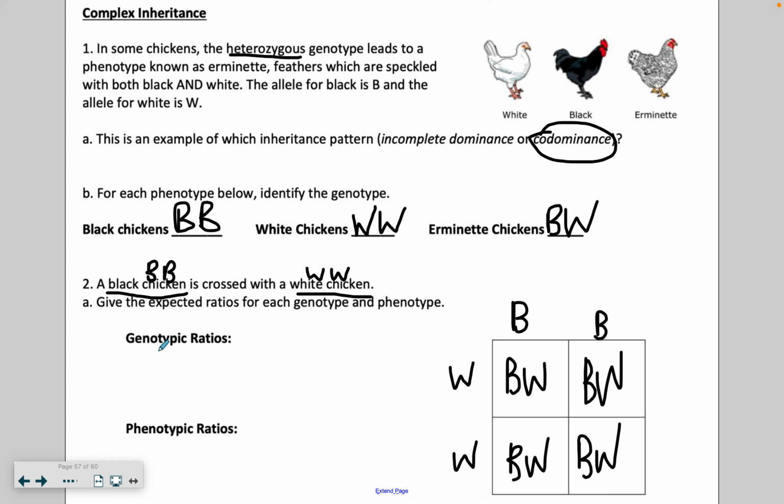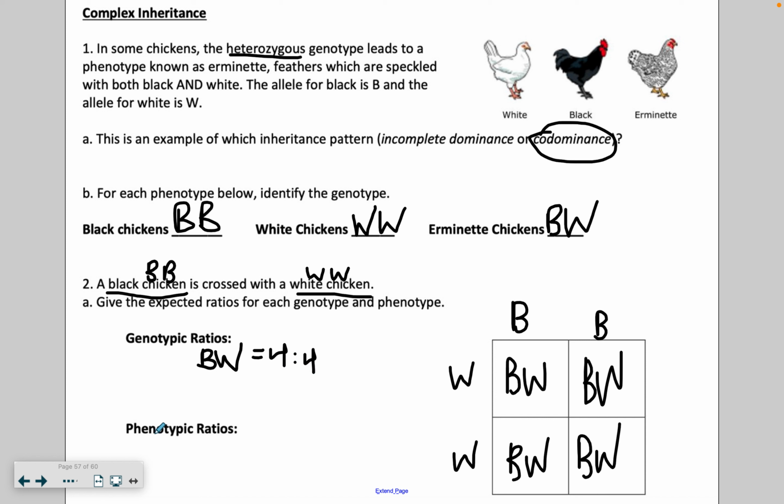No, I'm just kidding. Now we're supposed to give the genotypic ratios. You look at your Punnett square and write down all the different types of genotypes. On our Punnett square, we only have one genotype. In some cases you might have two, and some you might have three. So they want to know, what's the genotypic ratio? I only see one genotype in our Punnett square, big B, big W, and that is 4 out of 4.